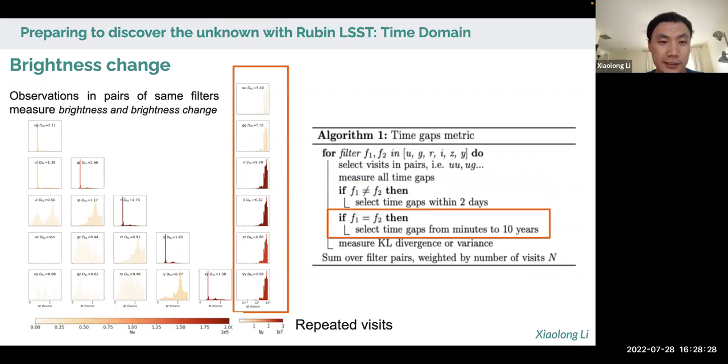For the brightness, we use a similar algorithm, but extend the time gaps from minutes to 10 years in a logarithmic scale to give more importance to the short time range.